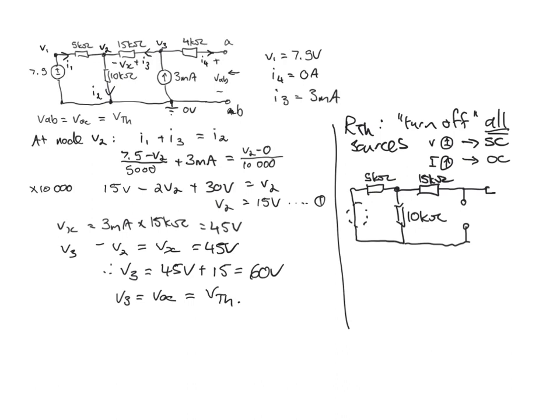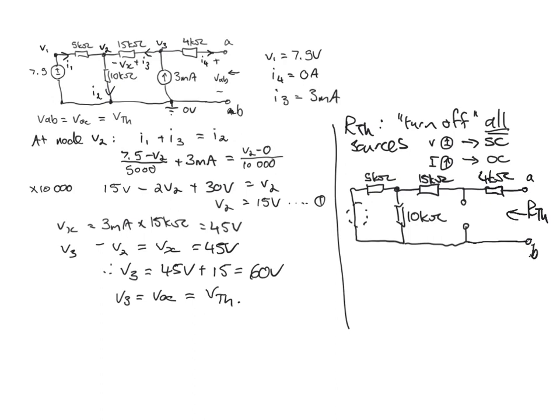We still have the 4 kilo ohm resistor here, and here we've got nodes A and B, and the Thevenin equivalent resistance, R Thevenin, will be found by combining these resistors in series and in parallel.